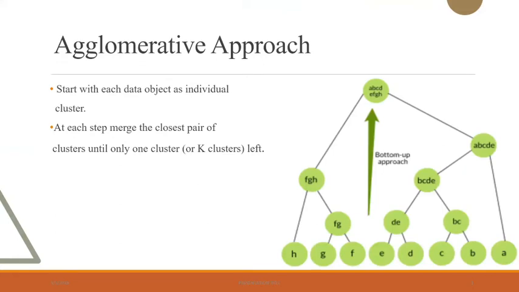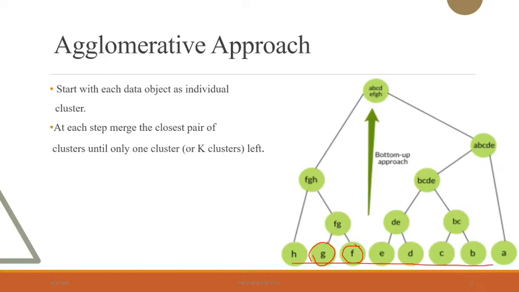So basically here we start by assuming each data object given in the data as an individual cluster. If we see this picture, let's consider these individual objects as single clusters. And let's say this cluster and this cluster are similar.